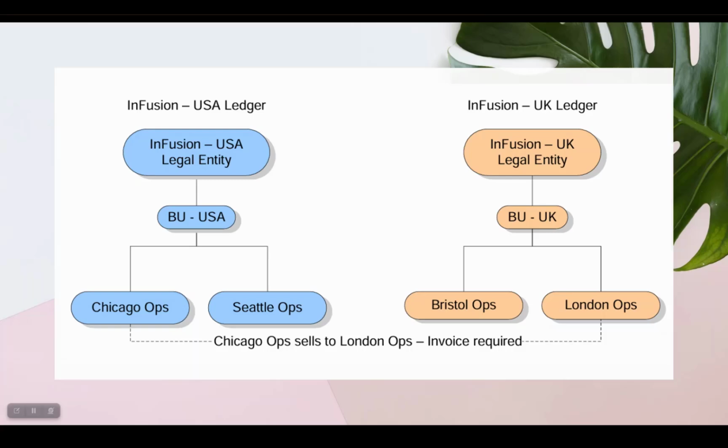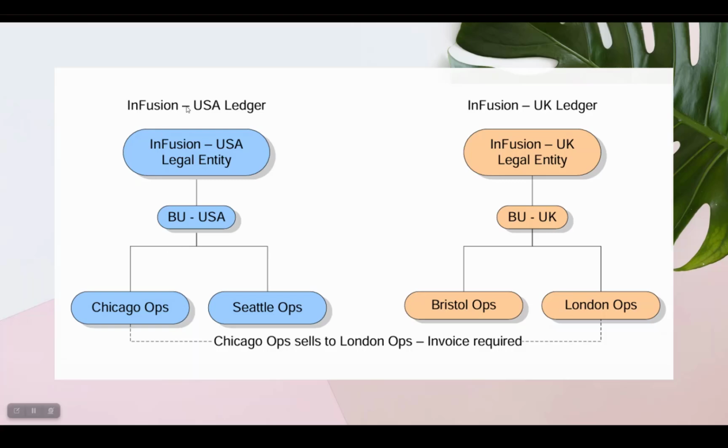In many legal jurisdictions around the world, there is a requirement that invoices be generated with the appropriate tax for these intercompany transactions. So this is the concept of IC between AP and AR.